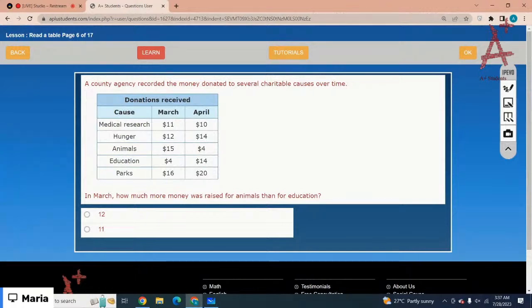A county agency recorded the money donated to several charitable causes over time. In March, how much more money was raised for animals than for education? So which is the correct option?